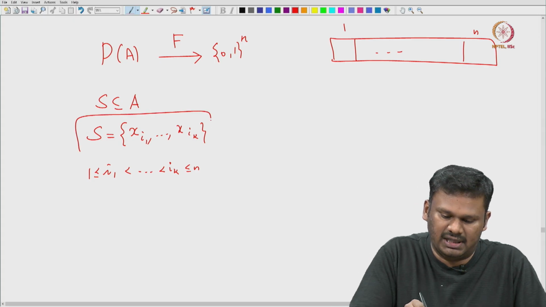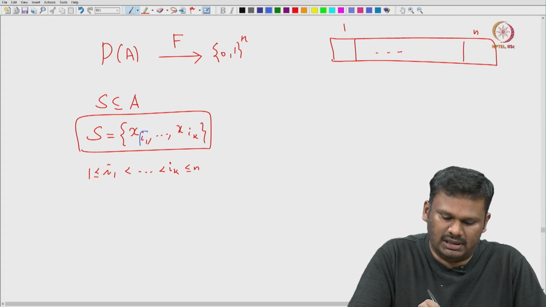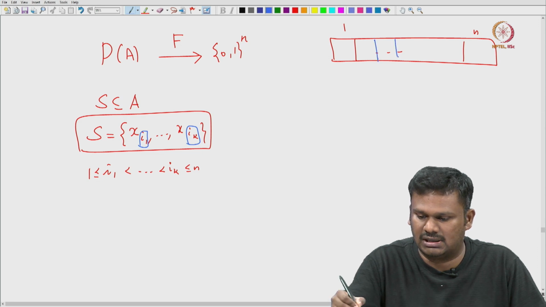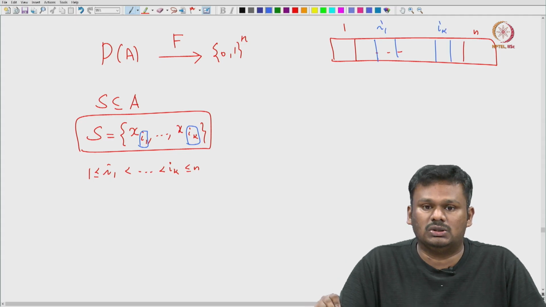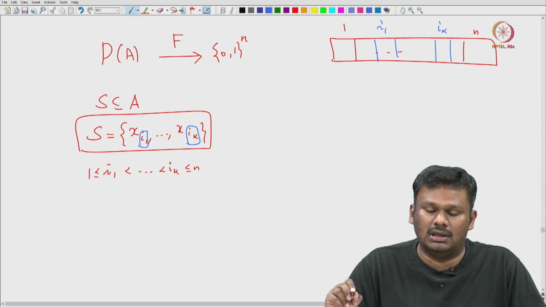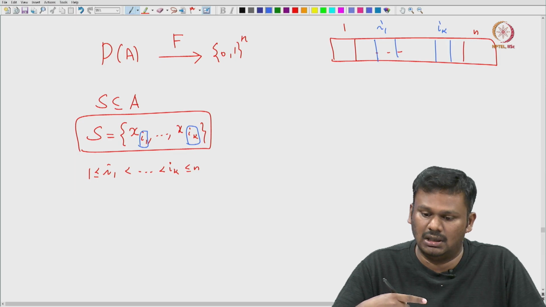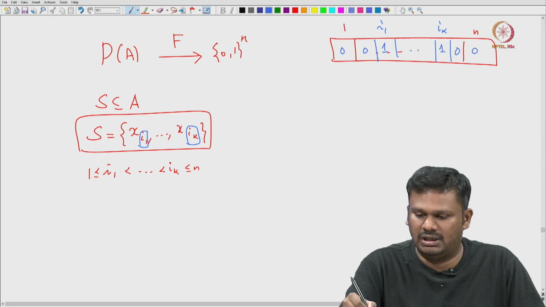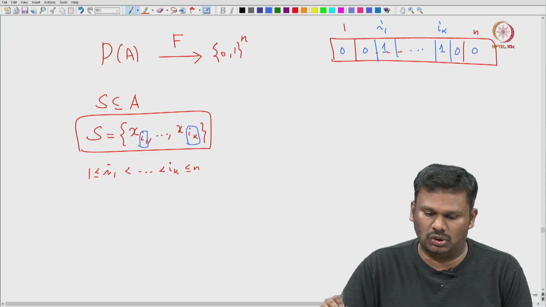A subset S determines some indices, which are exactly given by i1, ..., ik. Then we can identify where those i1, ..., ik are living inside 1 to n. We say that the index i corresponds to x_i belonging to S. So we simply put 1 in those boxes, and in the remaining boxes we put 0. That is going to give us an n-tuple inside {0,1}^n.